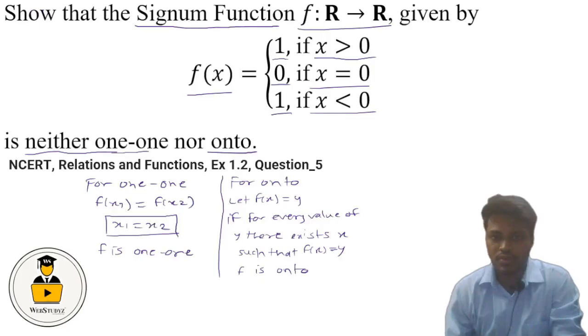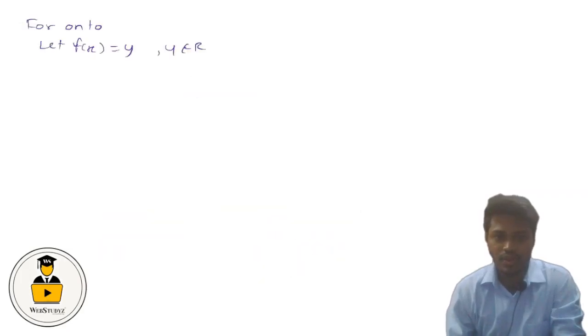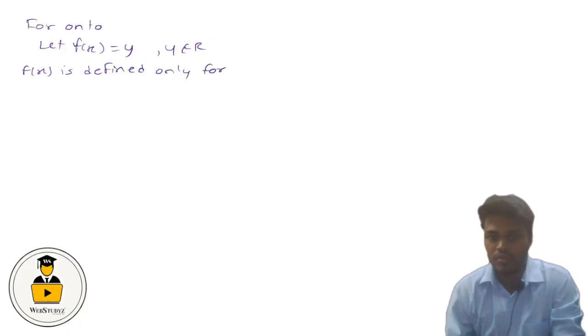From the function we can see that f of x is defined only for a few values, like 1, 0 and -1.